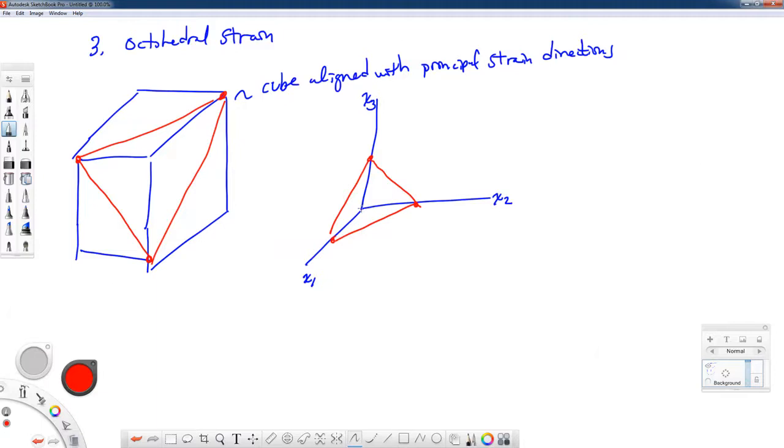Now it turns out that if you have an equal distance intercept, then the normal to that surface that I just drew would have components of 1 over the square root of 3 for each of these. So this is a unit normal. If we were to do the sum of the squares, and then take the square root, we would have a magnitude of 1.